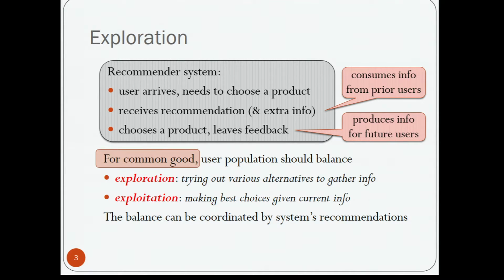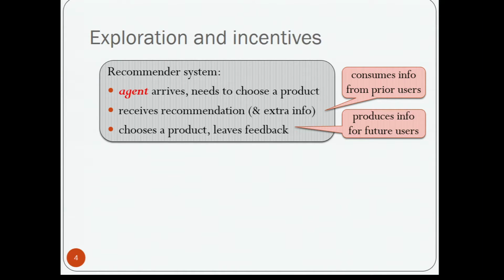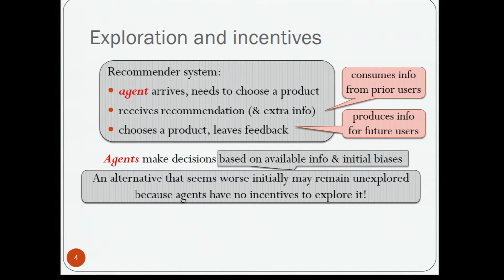But the users are actually self-interested agents, not very altruistic, and instead they will try to do what is best for them based on the information that they have and maybe the initial biases that they might have. This kind of selfish behavior may really stand in the way of exploration.